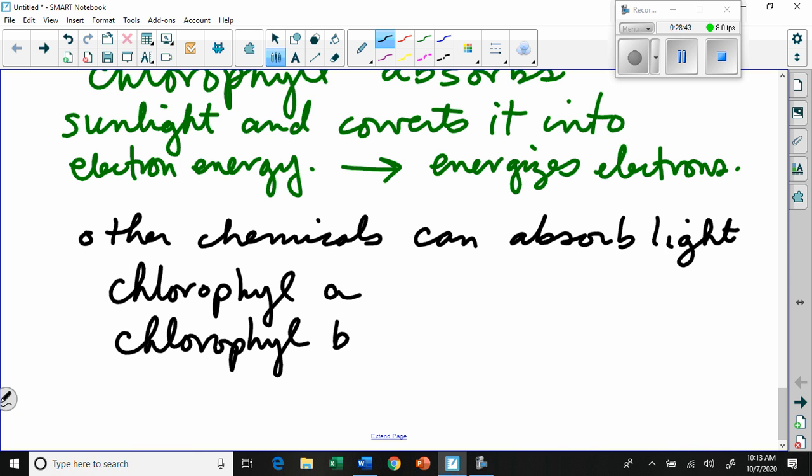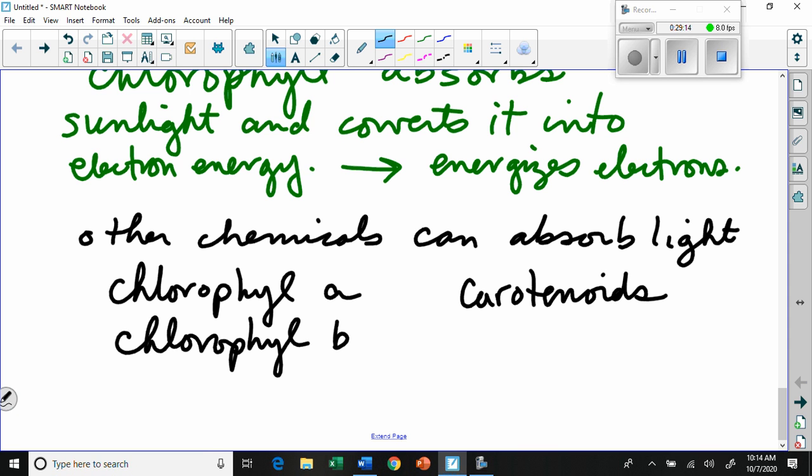But there's also another group called the carotenoids. These are molecules that also can accept different lights. And of course, the differences are that they all accept different frequencies or different wavelengths of light. So some of them might really be good at absorbing orange light, and some are good at absorbing purple light or blue light, and various colors.